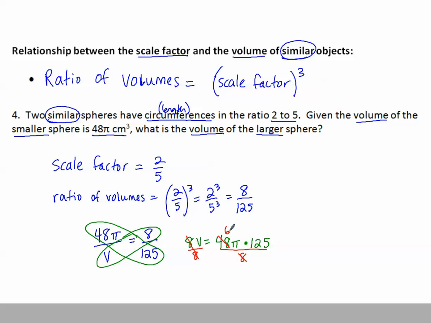Now all I have to do is multiply 6 times 125. So the volume that I need, that larger sphere, is 6 times 125 and then times pi, or 750 pi centimeters cubed. We did it!